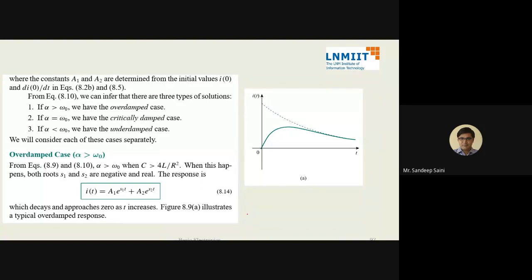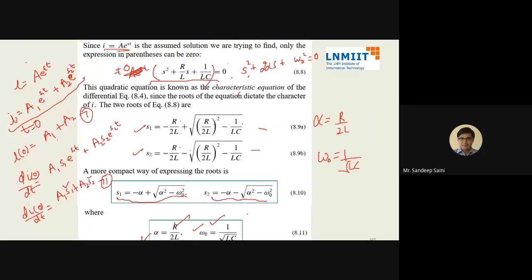Now your life in the quadratic equation is not very simple, because that will depend on what type of roots you are getting, whether this factor is greater than 0, equal to 0, or less than 0.